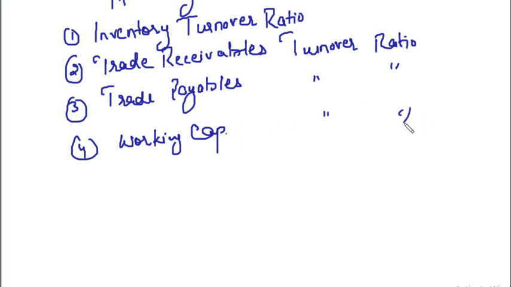turnover ratio. Right? So under the activity or the turnover ratios, which tell us about the efficiency of the business, which tell us about the efficient utilization of the various resources of the business, we have four ratios. The first one is inventory turnover ratio, the second one is trade receivables turnover ratio, third one is trade payable turnover ratio, and the fourth and the last one is working capital turnover ratios.